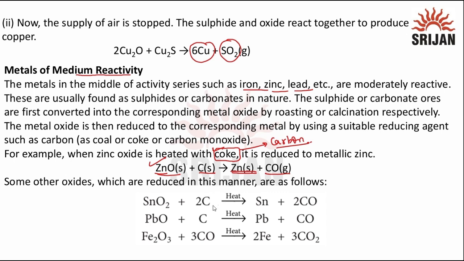In the same manner, we reduce some middle reactivity metals like lead and iron by using carbon as a reducing agent. By simply heating in the presence of carbon, it will convert the oxide into metal and carbon monoxide, and in the case of iron, it will convert it into iron and carbon dioxide.